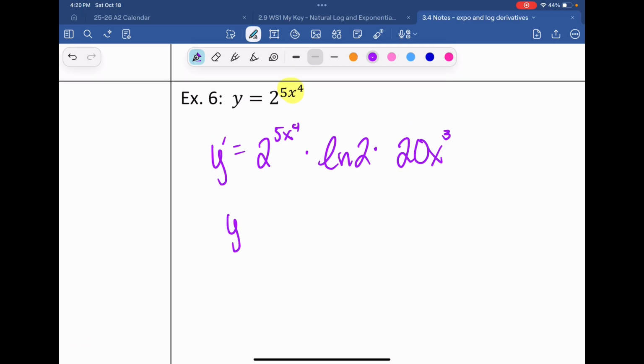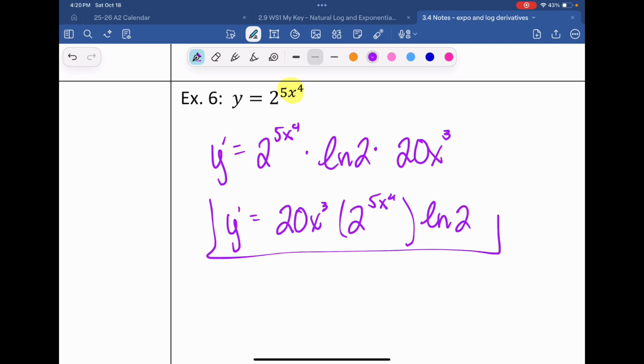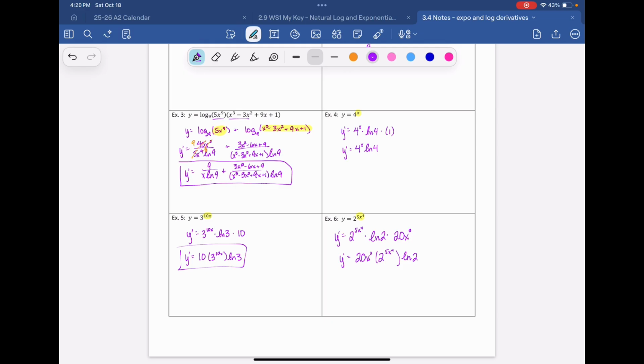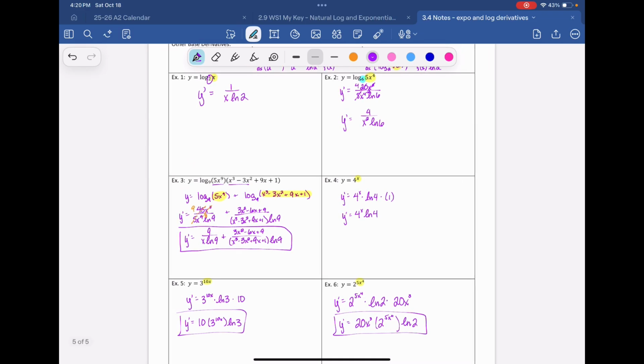Maybe put the 20x cubed at the front. Definitely want to put that. And then ln of 2. I really don't think there's a way to write that. I don't like the way that looks, but it's done. All right, and that takes care of our exponentials and logarithms.